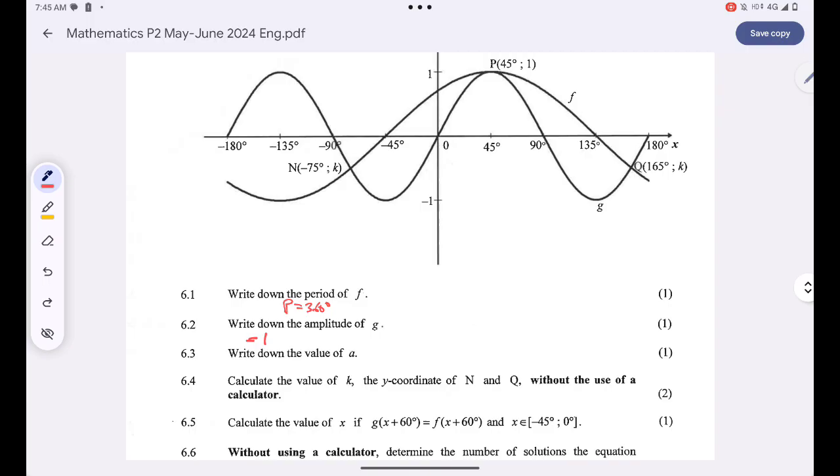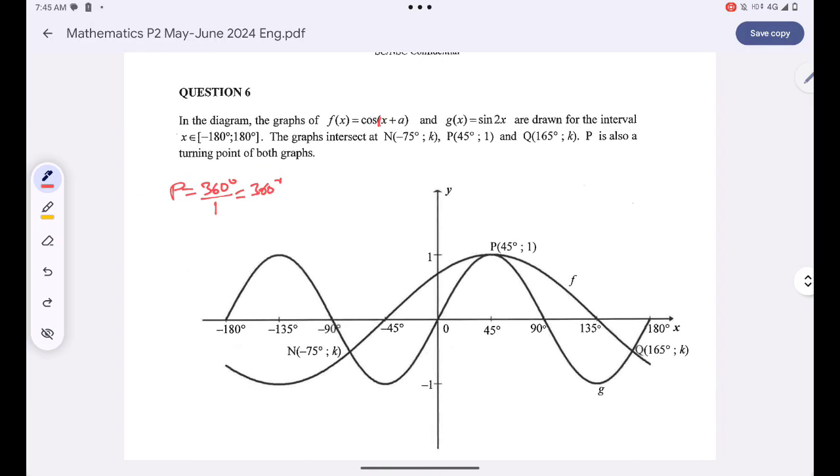And then the value of a. The normal cosine graph has a local maximum at the y-axis, but now my graph has a local maximum when x is equal to 45 degrees. At the y-axis x is equal to 0, so it simply means that my graph has been shifted 45 degrees towards the right.